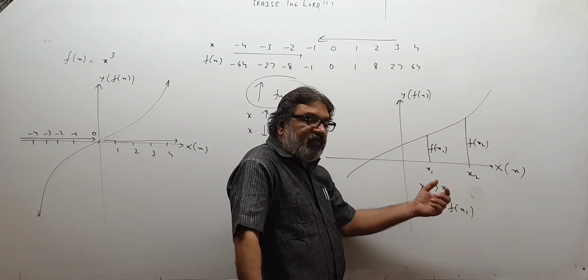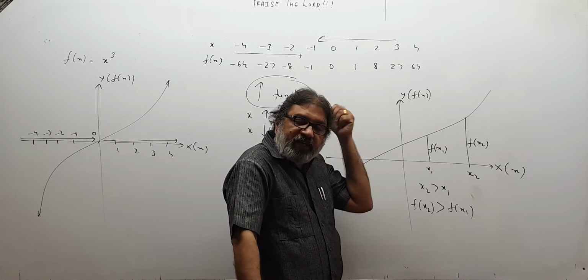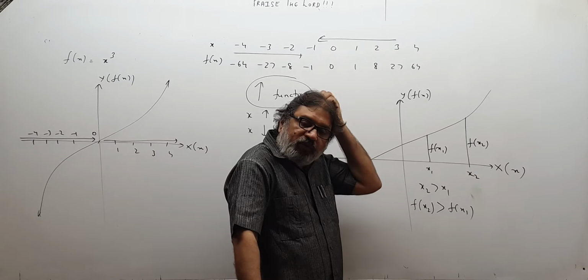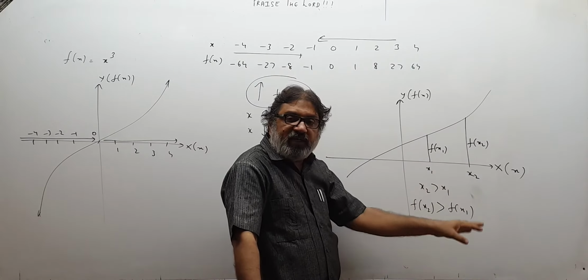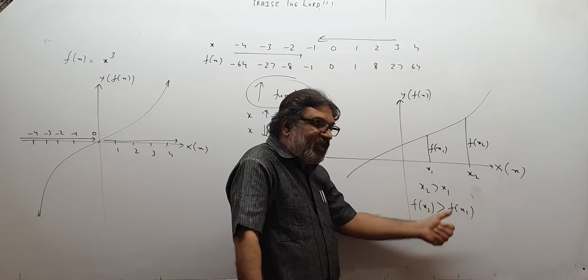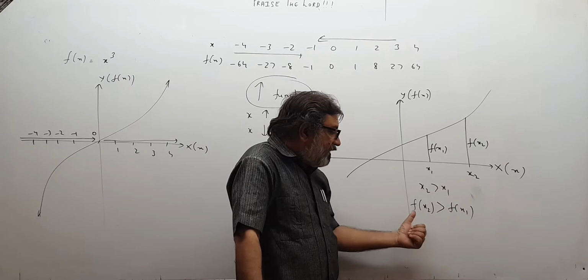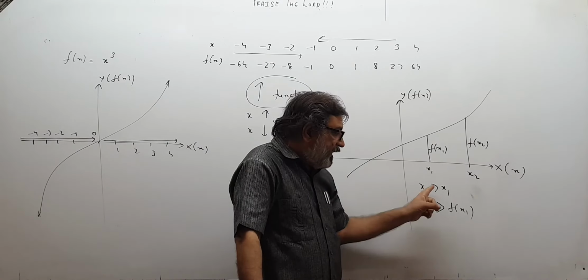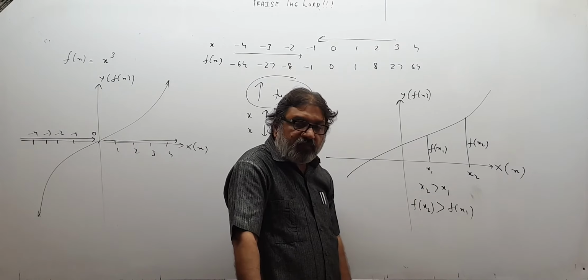So if two values of the variable are given to me for an increasing function, one x1 and x2, such that x2 is more than x1, when I apply the function on both of them, the inequality sign will not change.